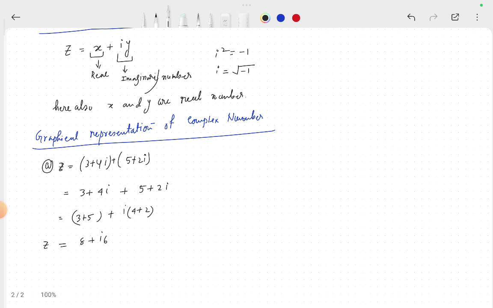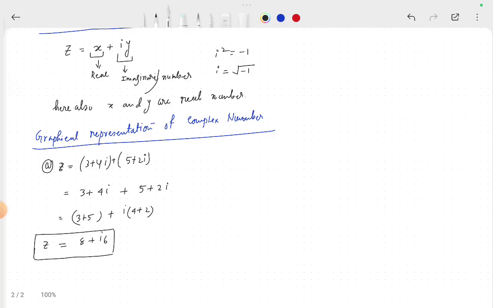First of all, I want to represent this complex number in a graphical way. To represent this complex number graphically, first of all we need to understand the graphical representation of the individual complex numbers.